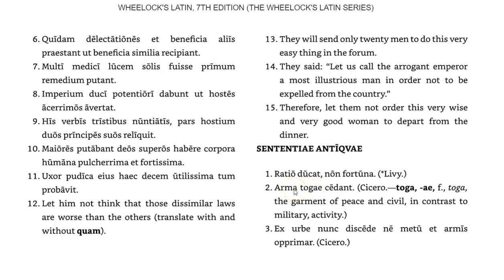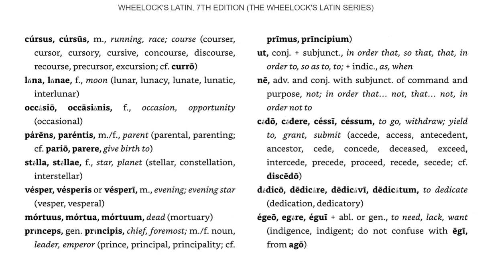We need to recognize that arma is a neuter noun in the plural, and hence agrees with the verb. This one, I believe, is one of the vocabulary words, and you can see that normally cedere, cedo, cessi, cessum is a third conjugation verb, hence the letter E, indicating it as third conjugation.